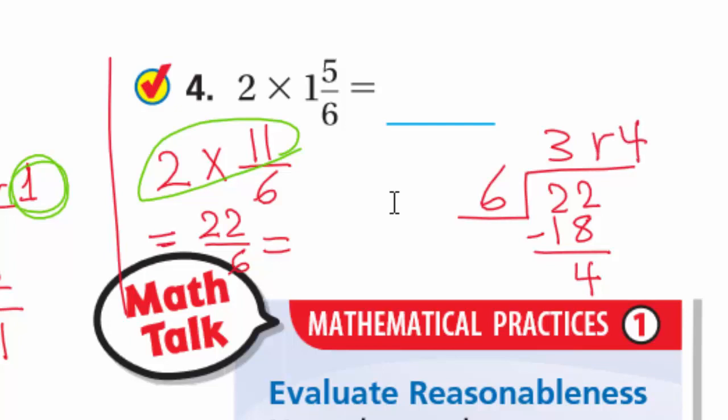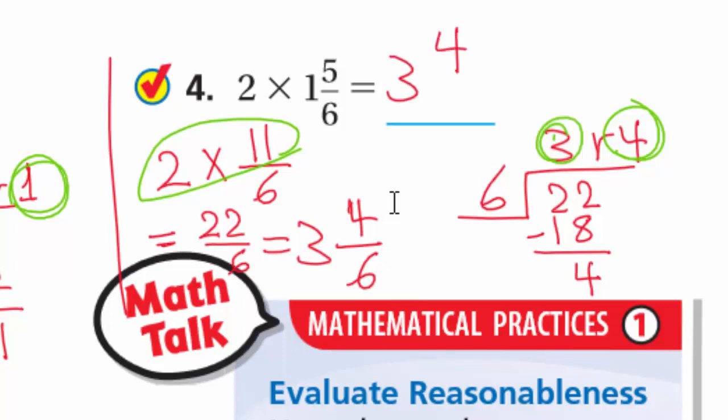So we can write it as the whole number is 3, and the remainder will be the numerator. So it's 4 over 6. It doesn't change. So 3 and 4 sixths, or 4 over 6, we can simplify it.